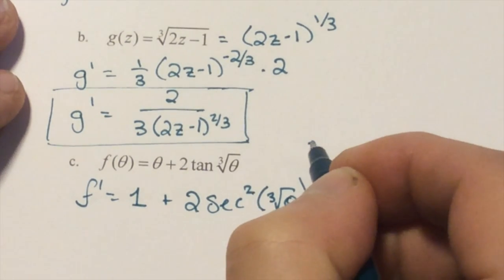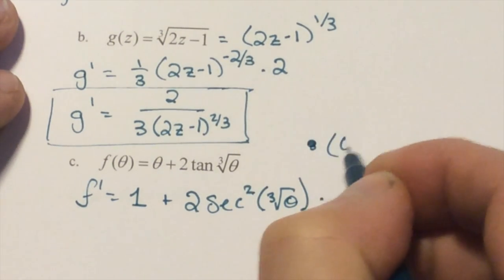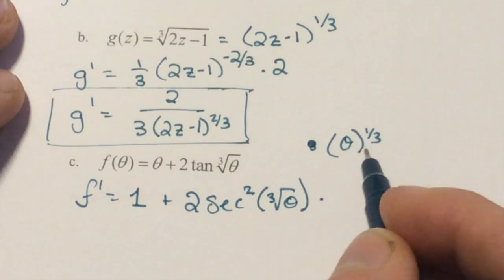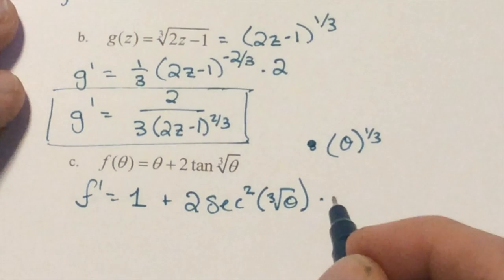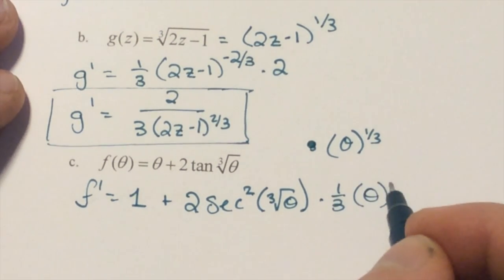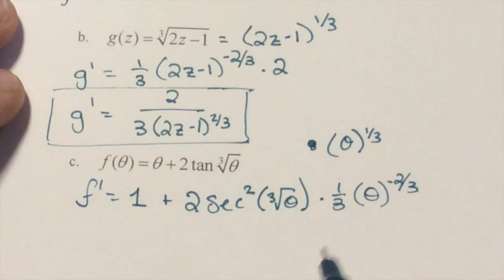So if we write that as theta to the 1/3, the derivative of theta to the 1/3 is 1/3 theta to the negative 2/3.